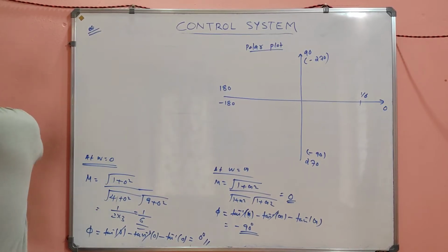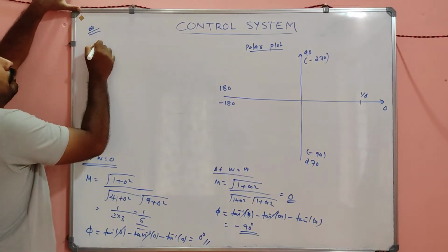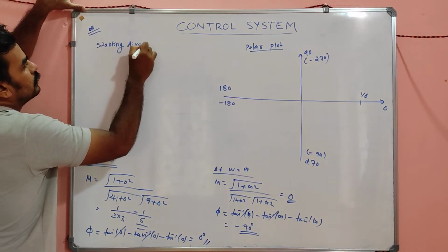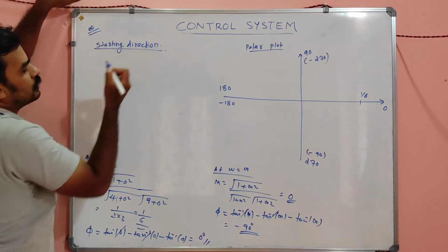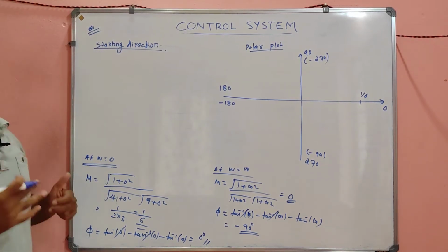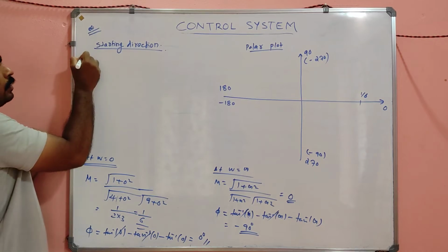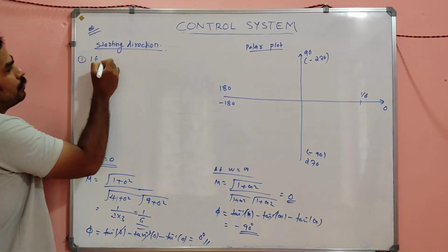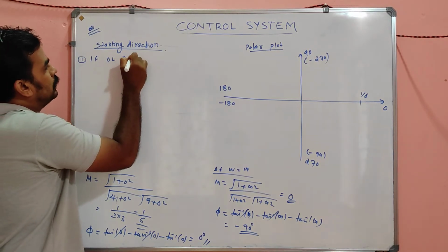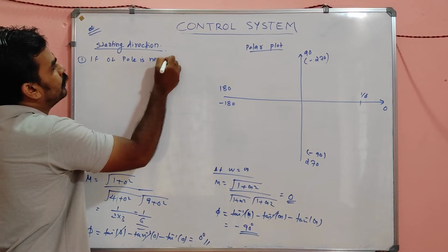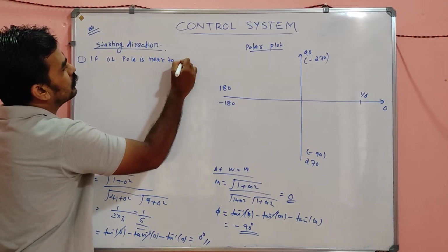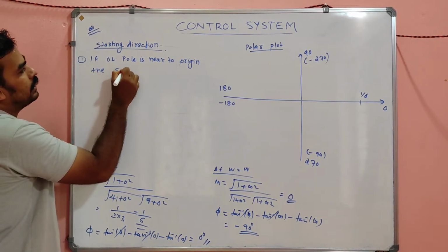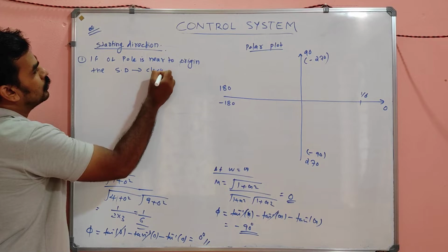Okay. So now we have to find the starting and the ending direction. First is the starting direction. What is the rule for determining the starting direction? First rule: if an open loop pole is near to the origin, then the starting direction is clockwise.